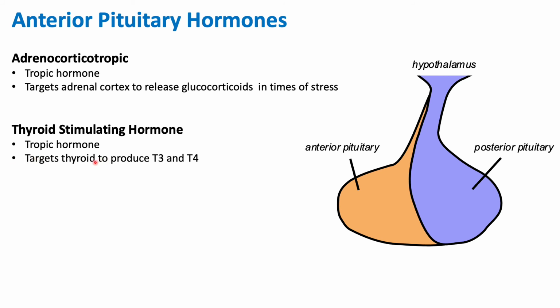Once again, it's a tropic hormone, so it's not going to directly interact with the target area. Instead, it's going to target another gland, and in this case, it's going to target the thyroid gland. And then the thyroid gland will produce T3 and T4, which will then go and target our target area. So once again, these are two more tropic hormones.